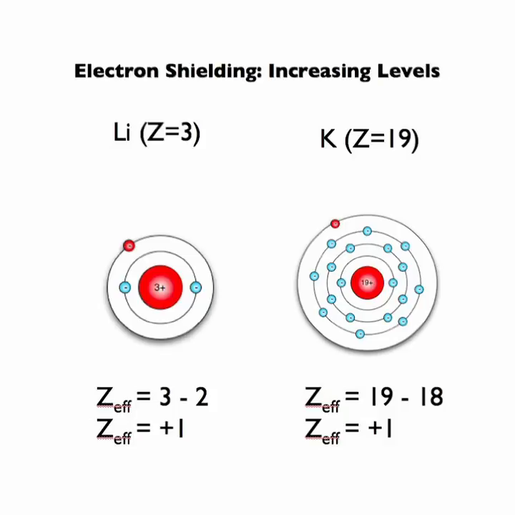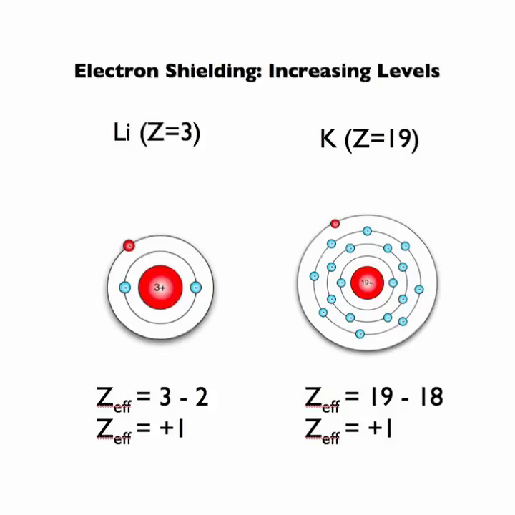These core electrons do not feel the same force of attraction from the nucleus as do the valence electrons. The core electrons are much closer to the nucleus and therefore feel a larger charge. The outermost electron is shielded by these innermost electrons.